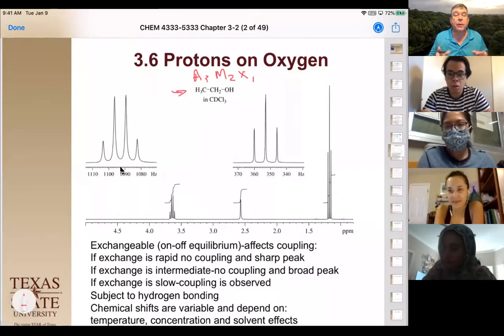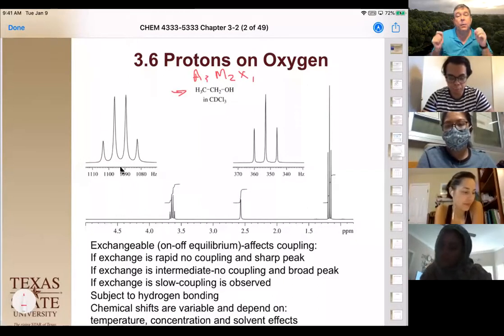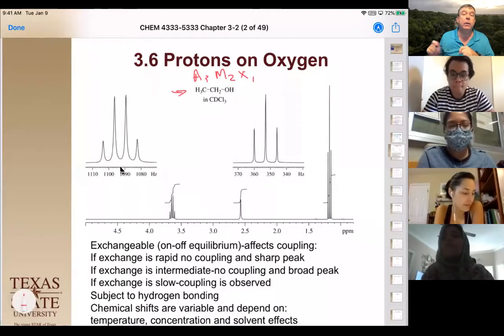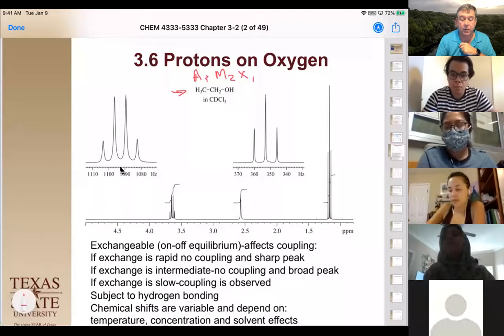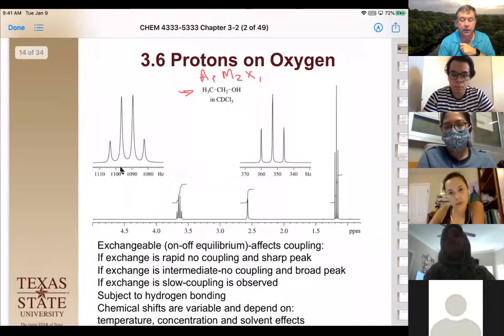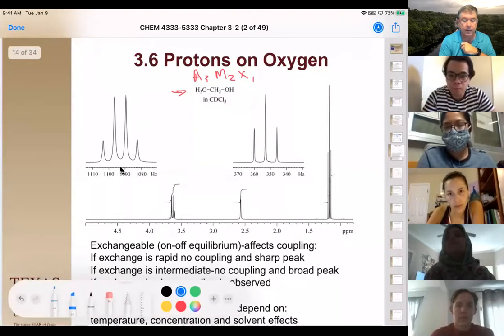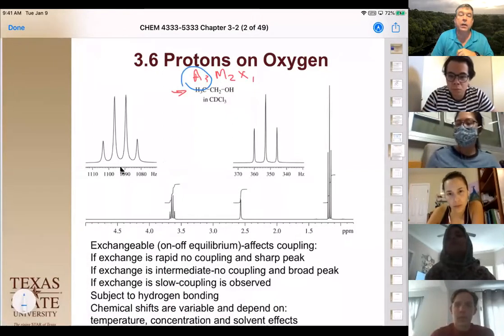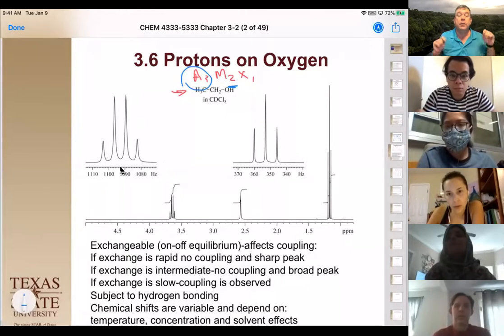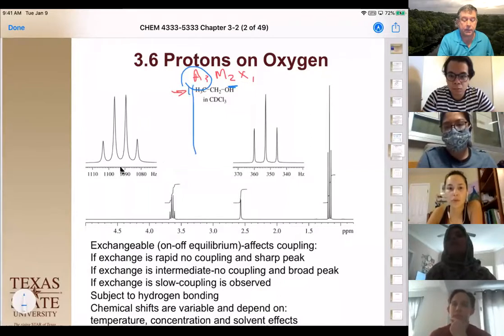Okay, so in our Pople notation here, we have to look at that hydrogen on oxygen as to whether it will or will not split. So if we just look at our A spot here, we have 3 protons, and they should be equivalent, and they are split by the 2 protons here. So we should get a triplet for these A protons right here.